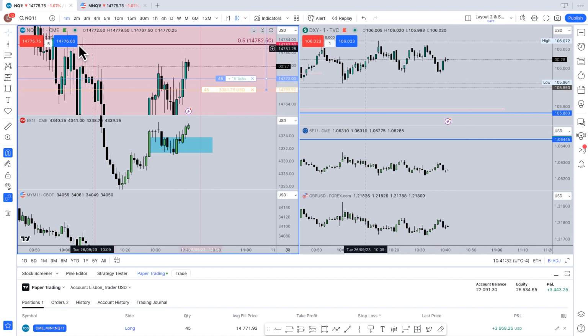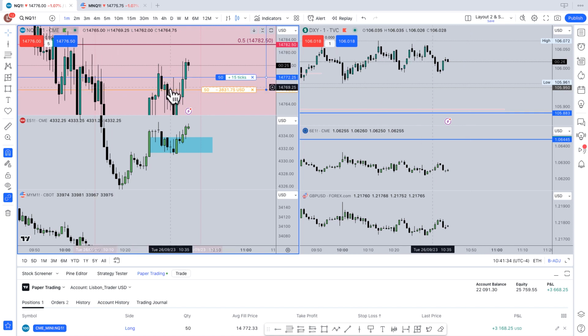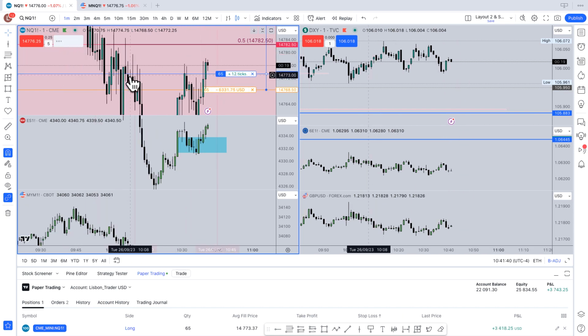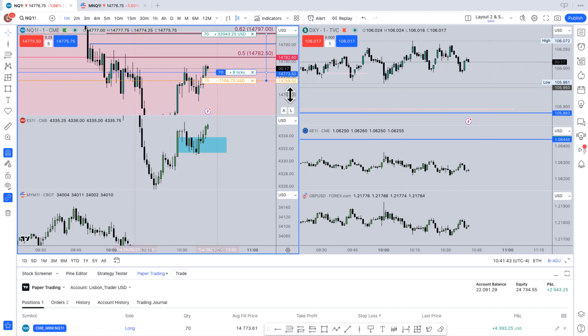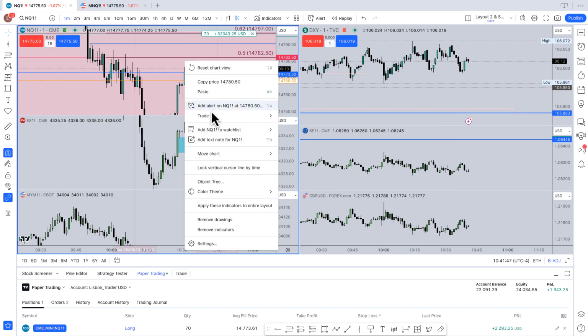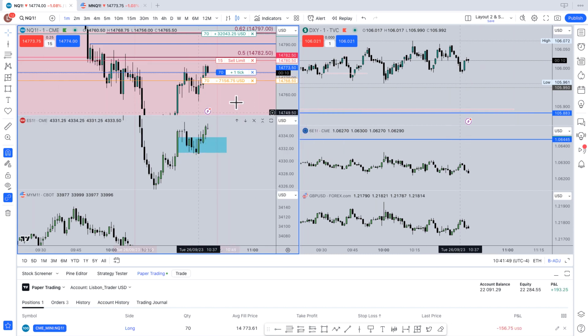Let's hope it does not reach for the stops below here, so that we can keep on buying. And let's put some in the bag, this level.